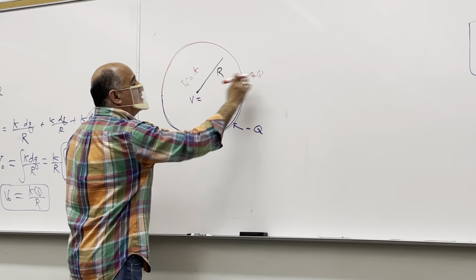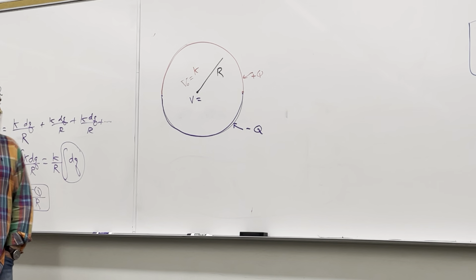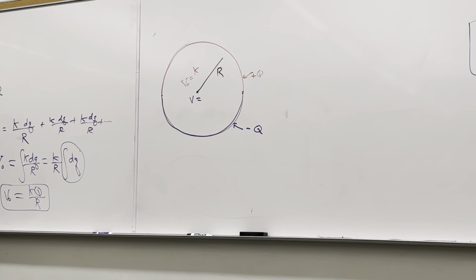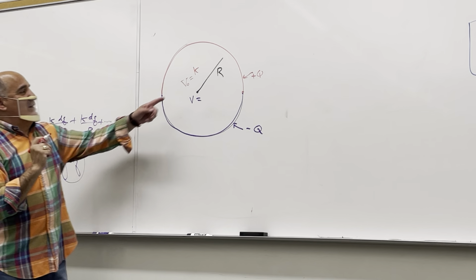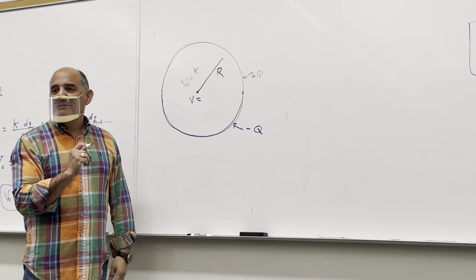Do I want that Q or half of it? What does this represent over here? What should I write over here, kQ over R or k one half of Q over R?